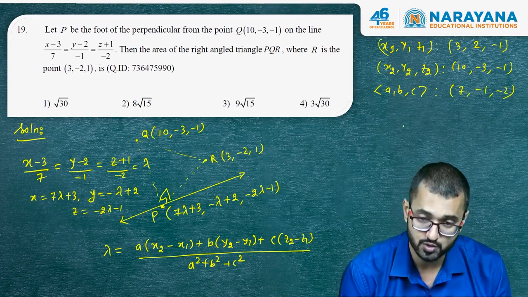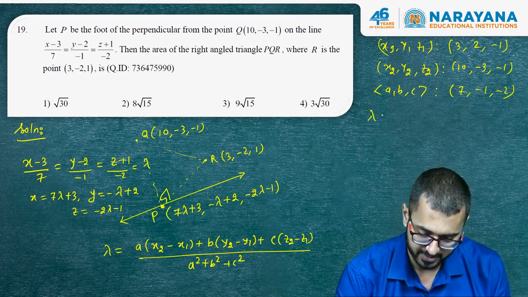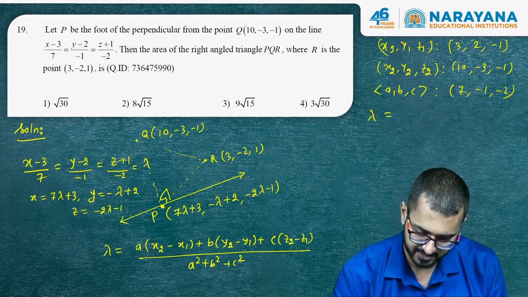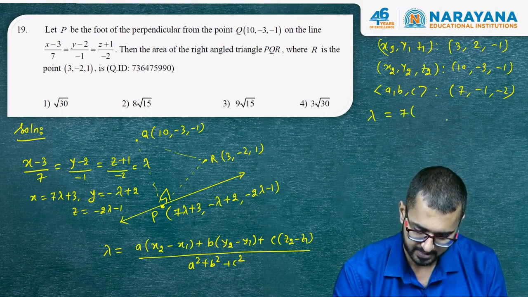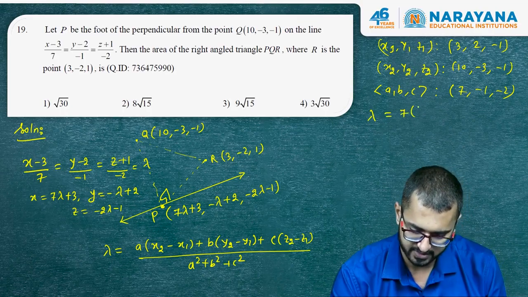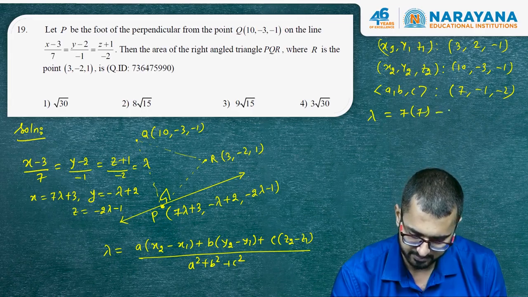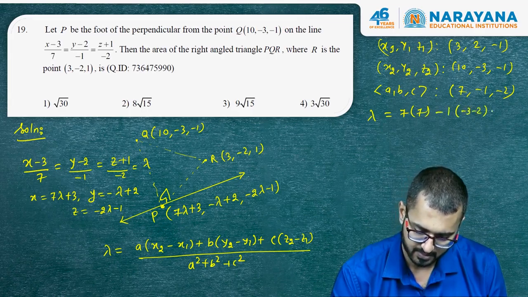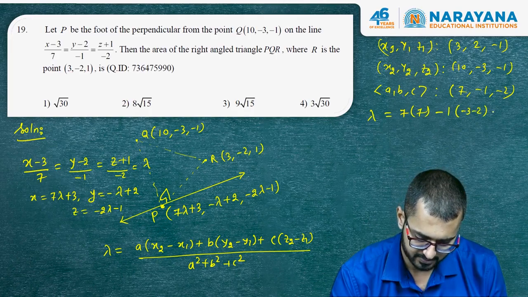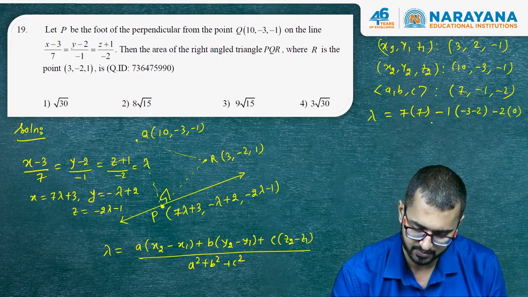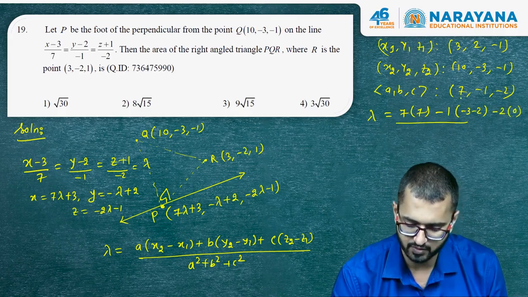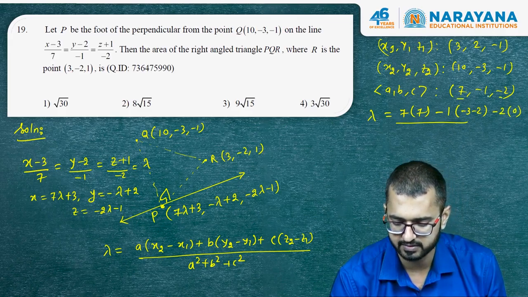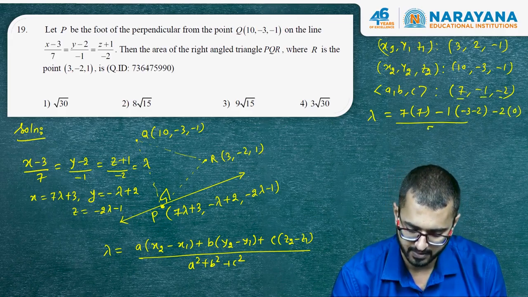So let's plug in all the values to get lambda. Lambda equals a, which is 7, times x2 minus x1, which is again 7, and then plus b, which is minus 1, into minus 3 minus 2, and then c is minus 2 into 0. Over a square plus b square plus c square: 49 plus 1 plus 4, which is 54.